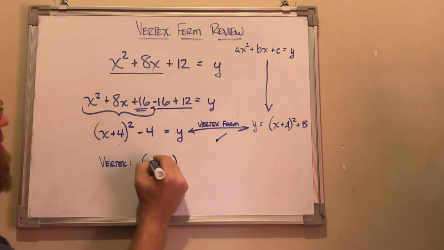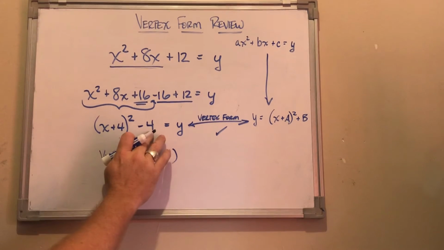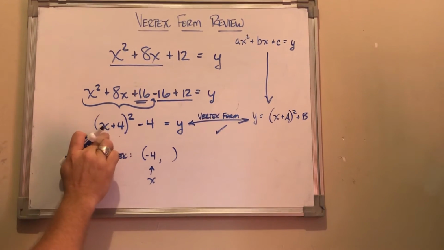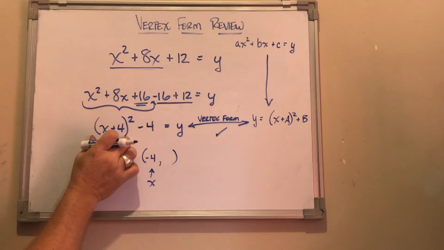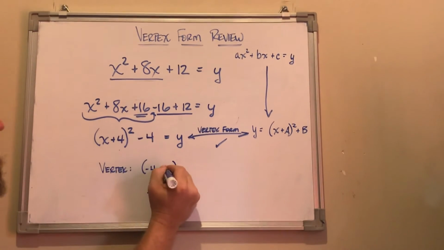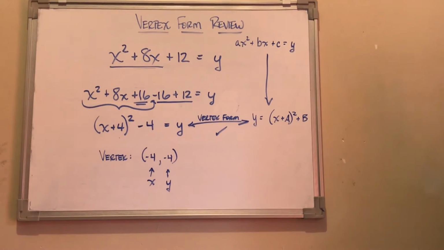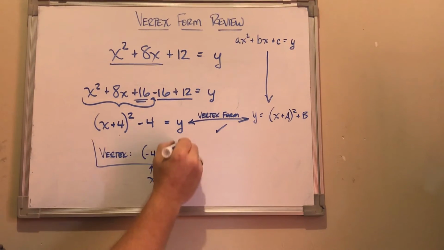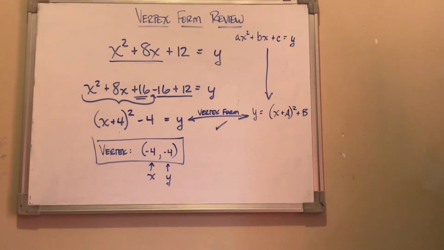And then the y value: since we plugged negative 4 in for x, which makes this whole thing 0, y equals negative 4. That is the y value. And so (negative 4, negative 4) is my vertex point.